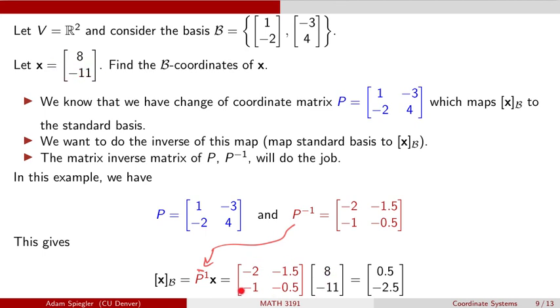And when I multiply the inverse of P times our standard coordinates, what we get is a column vector that is telling us the B coordinates of that same vector. So this is telling me I should go half a unit in this direction and then -2.5 units in this direction in order to wind up at (8, -11).